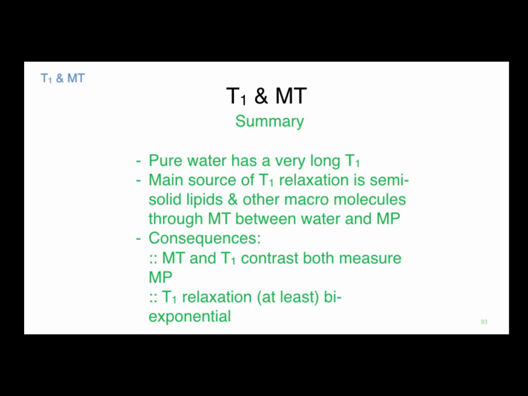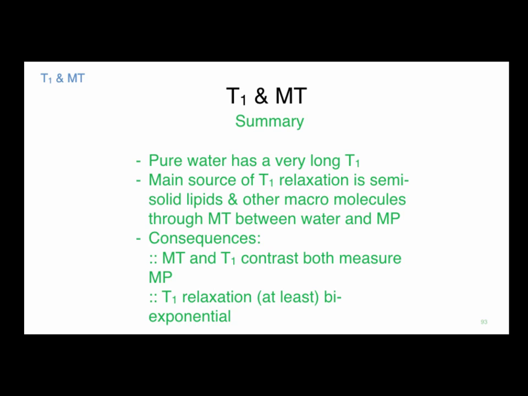So, summary for that part: pure water has a very long T1. The main source of T1 relaxation is macromolecules like lipids, proteins, and some contribution from iron and other things. T1 relaxation in the brain is dominated by exchange between water and these macromolecular protons.